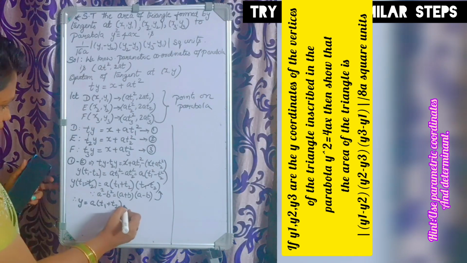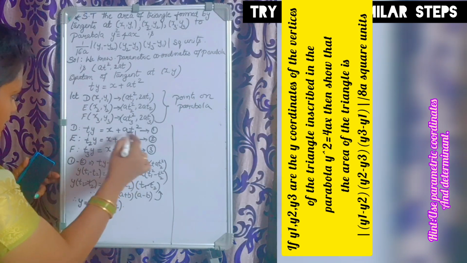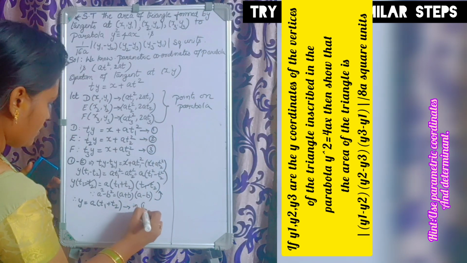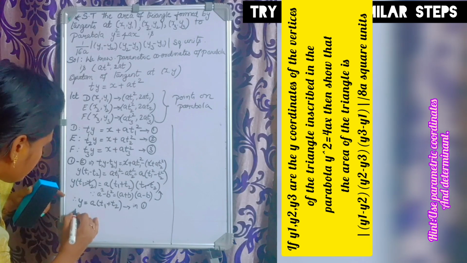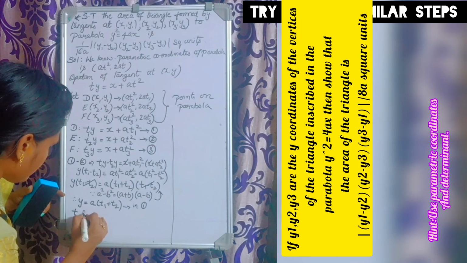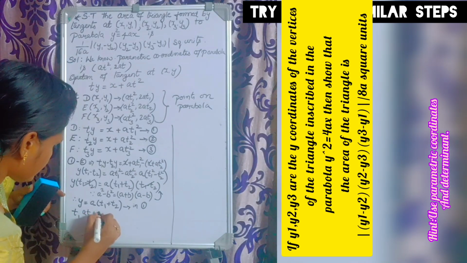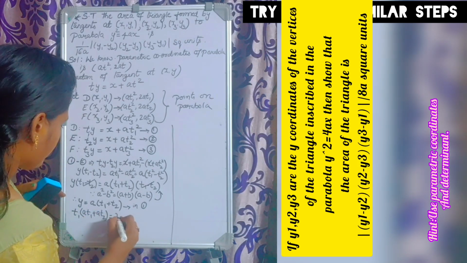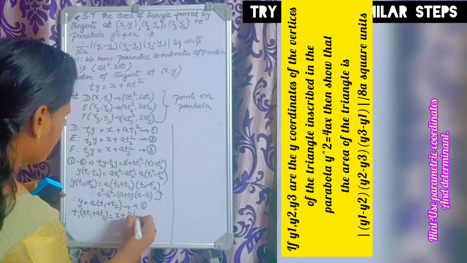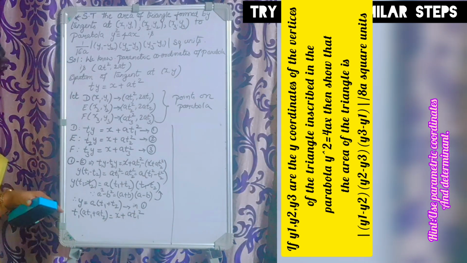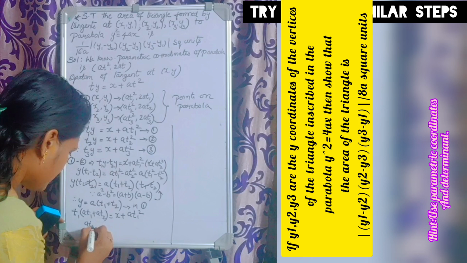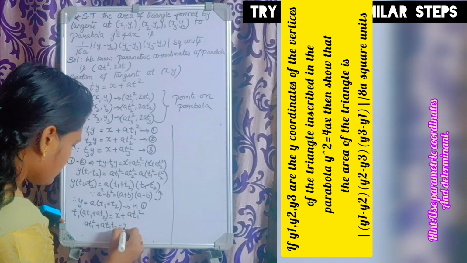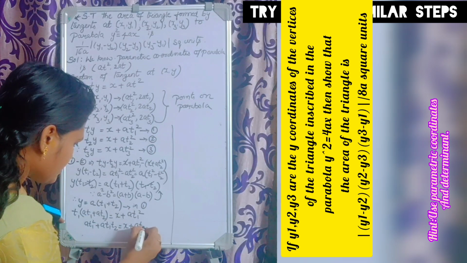Now you put this value in equation 1. This in equation 1 gives t1 (a t1 plus a t2) is equal to x plus a t1 square, right? So a t1 square plus a t1 t2 is equal to x plus a t1 square.